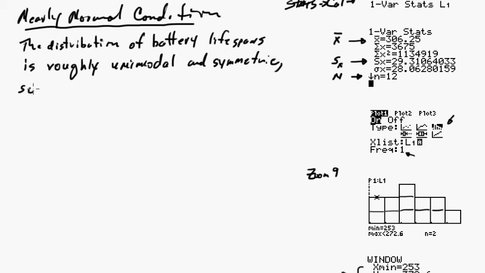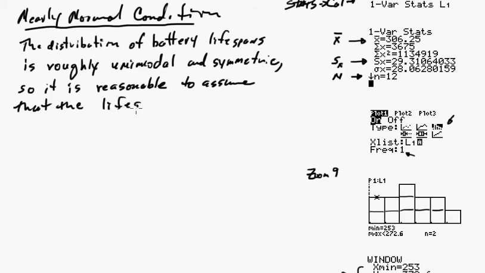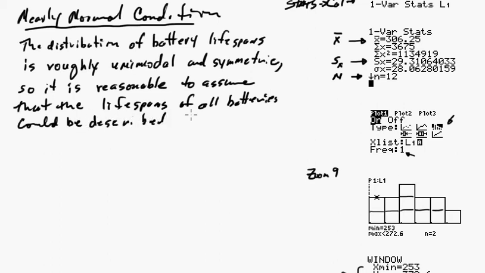So it is reasonable, let's say, to assume that the lifespan of all batteries could be described by a normal model.